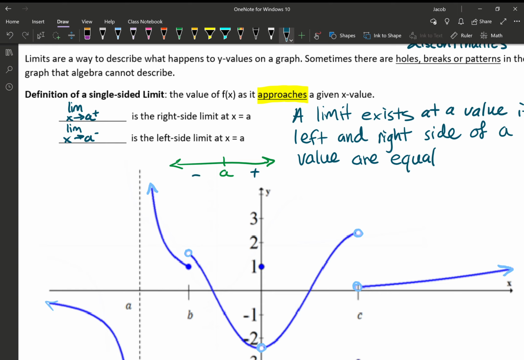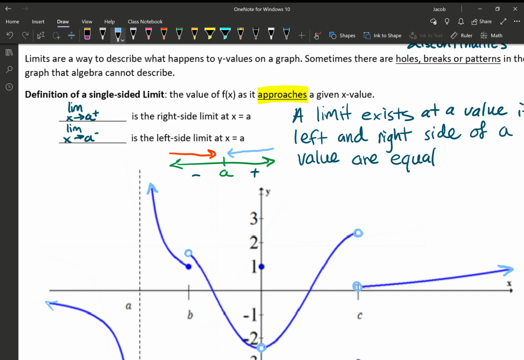So if we're approaching a from the left, we'll be starting from the left and going right. And if we're approaching a from the right, we'll be starting from the right and going left. That can be a little bit tricky when you are looking at a graph, making sure you're keeping everything straight.